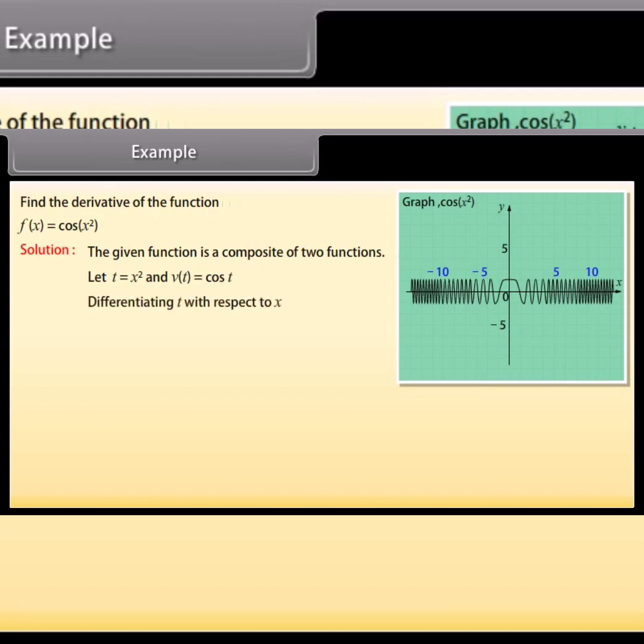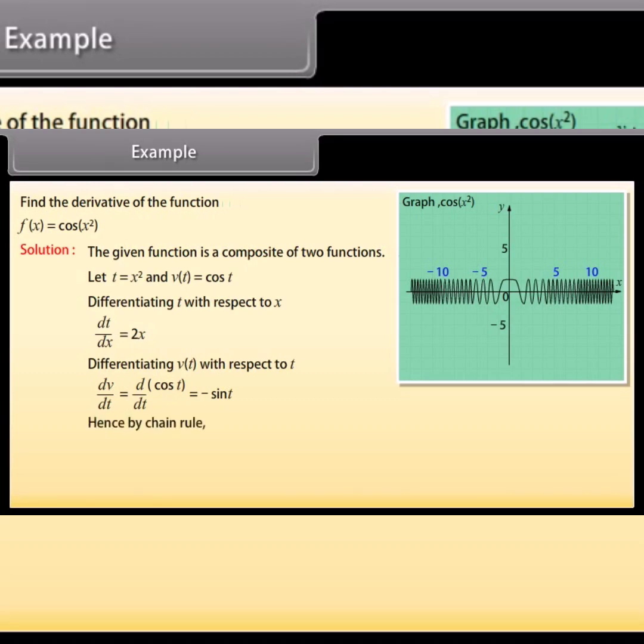Differentiating t with respect to x, d/dx of t is equal to 2x. Differentiating v of t with respect to t, d/dt of v is equal to d/dt of cos t is equal to minus sin t.